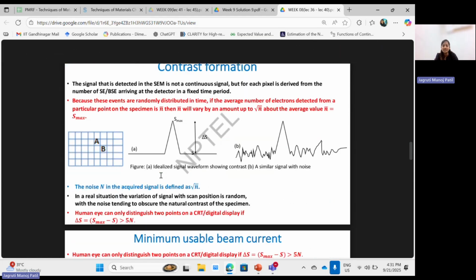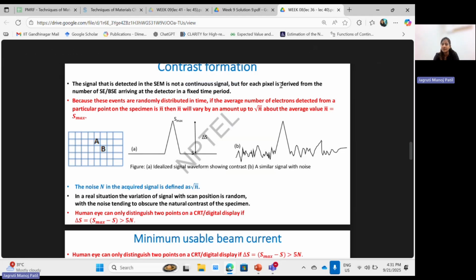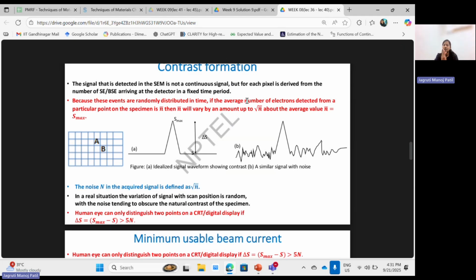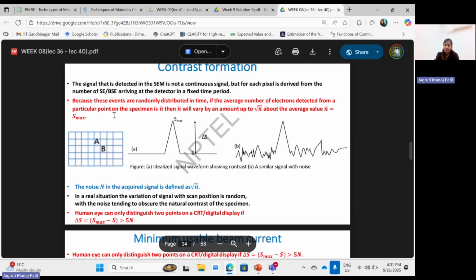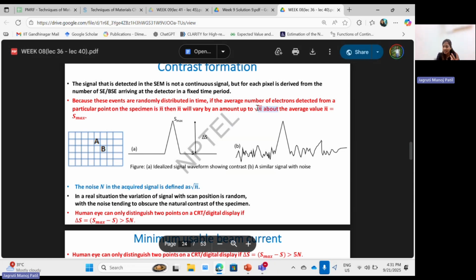If you compare both of them, this is a contrast that lies between 0 and 1, which corresponds to the natural contrast. Now, the signal detected in SEM is not a continuous signal; for each pixel we derive the number of secondary and backscattered electrons arriving at the detector in a fixed time period. These events are randomly distributed across time, and if n bar is detected from a particular point on the specimen, the noise would be the square root of n bar.